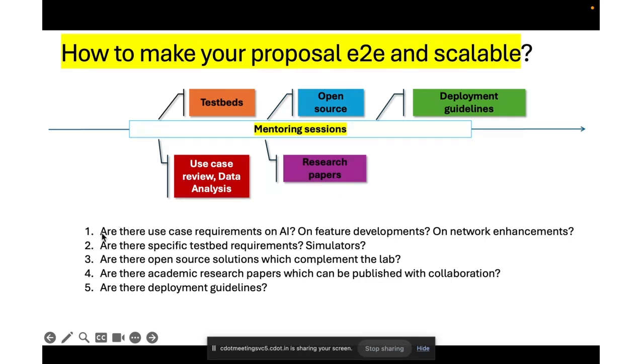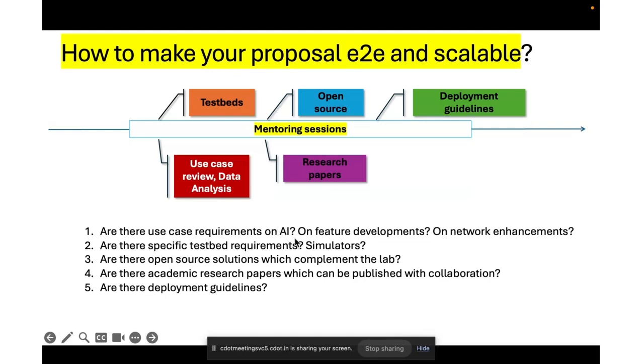A couple of things that you need to look at is that you need to see what are the use case requirements on AI models. Are there feature developments that carry requirements? Are there network enhancements that have to be written requirements for? So again, three aspects.